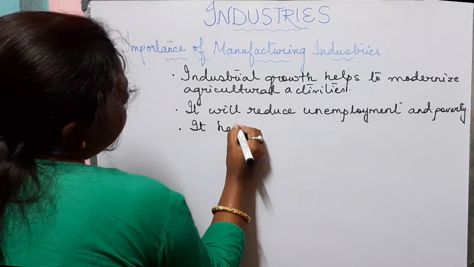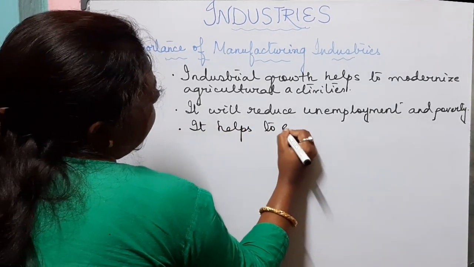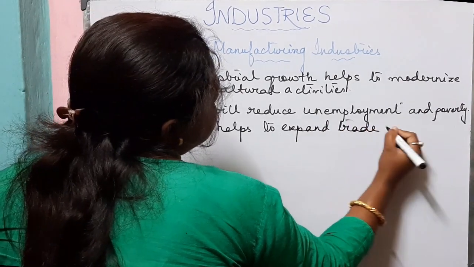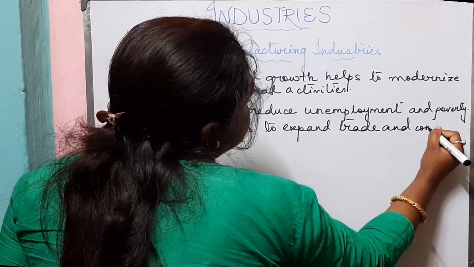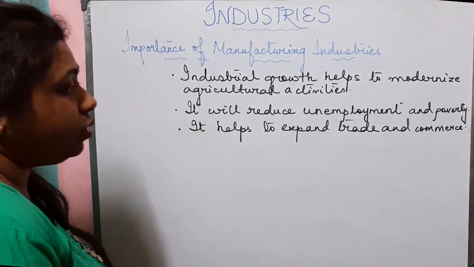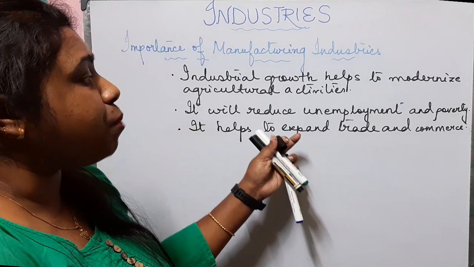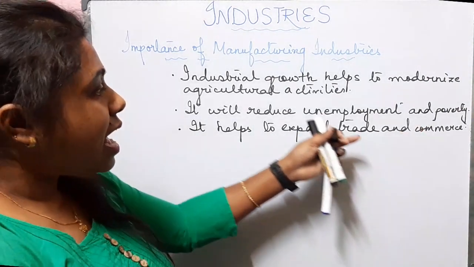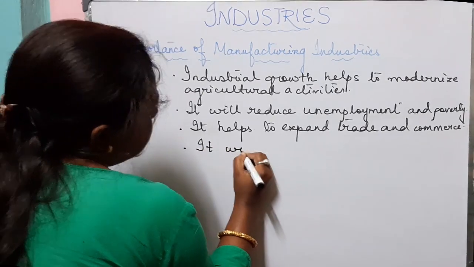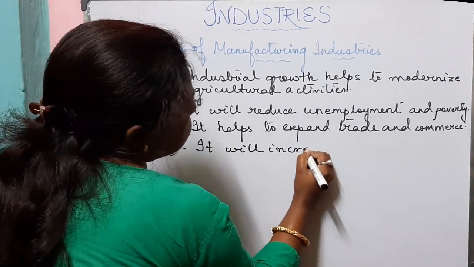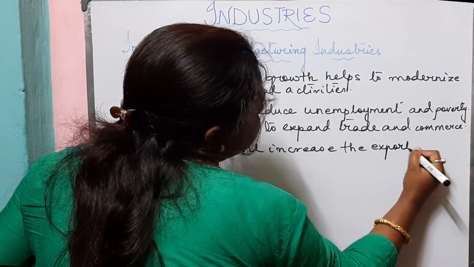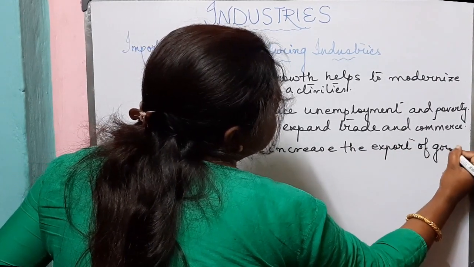It helps to expand trade and commerce. As there will be more industrial growth, it will help to expand trade and commerce. As trade and commerce will expand, it will increase the export of goods.